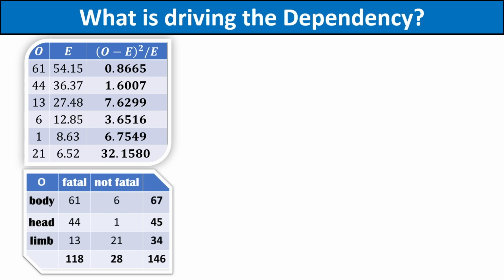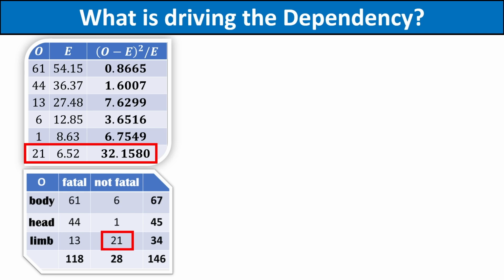Now, the question is, is there any one contingency that is contributing the most to the chi-squared statistic? And the answer is, well, yes, there is. It's the contingency where the injury is a limb injury and it's non-fatal. So you can see from the first table, we observed 21 out of 146 patients who had non-fatal limb injuries.